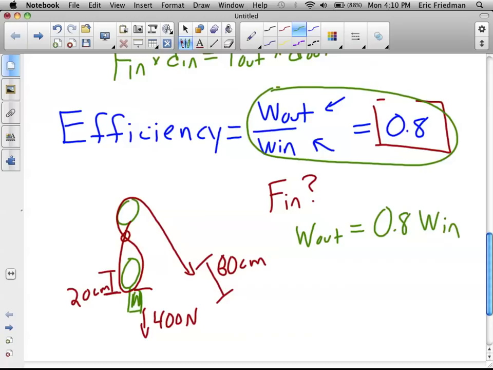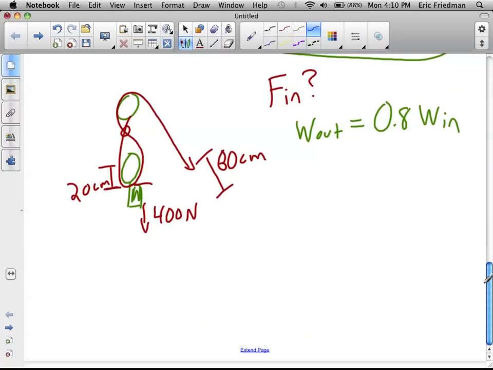All right, so let's just go straight from there and write this out. Work out. Well, that's force out times distance out is 0.8 times force in times distance in. I guess I'll put an X for times.